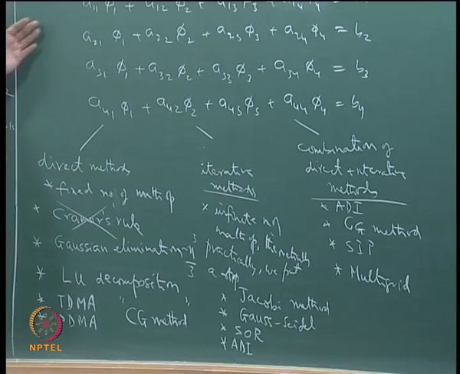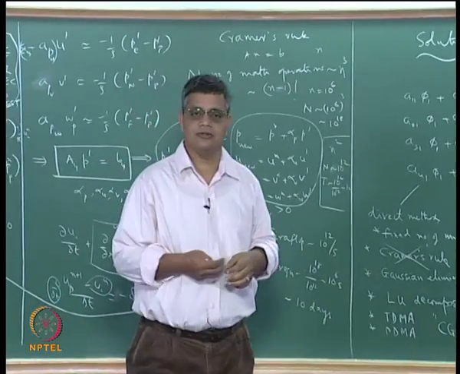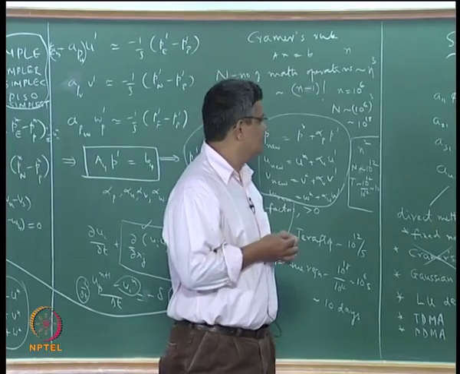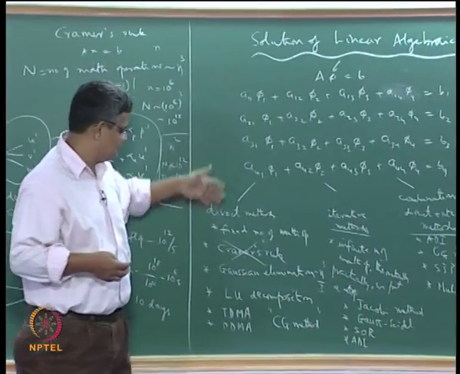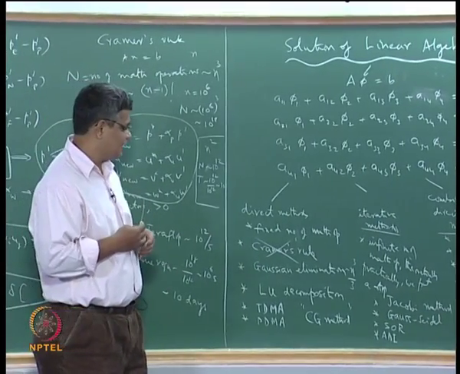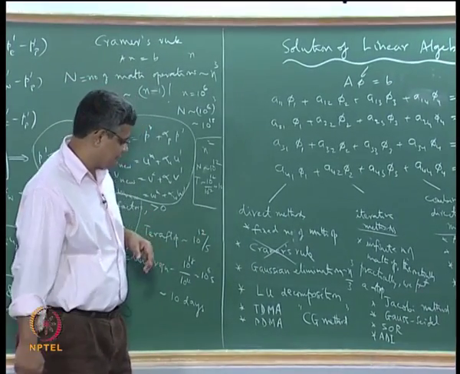That is when the matrix A is mostly filled, that is, it has very few zeros, and when it has no specific structure, then this is considered the best direct method in the general case.